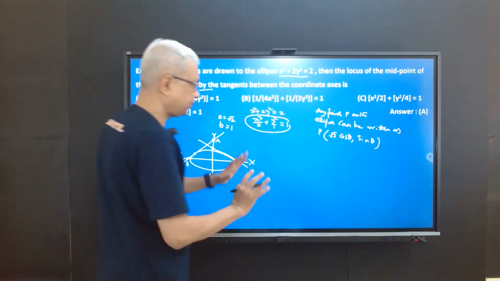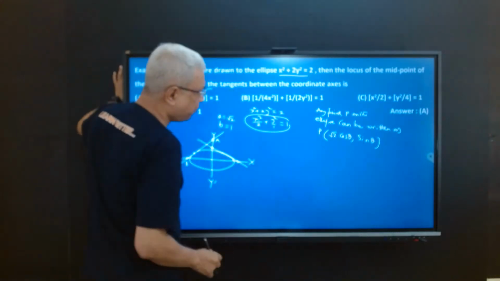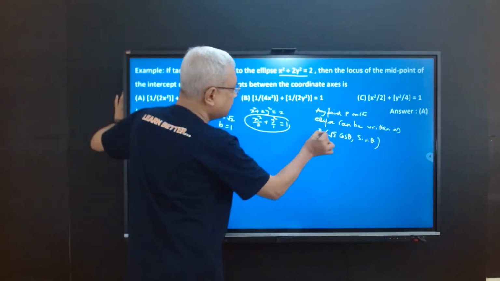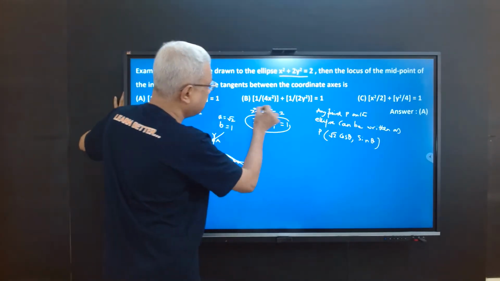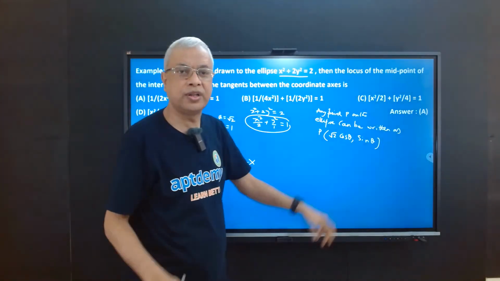Theta is an angle expressed in radian or degree. Whatever be the value of theta, this point always satisfies this equation. This is the parametric form of the coordinates on the ellipse.